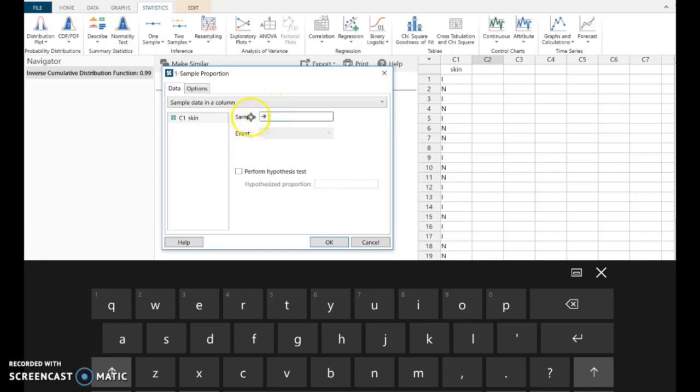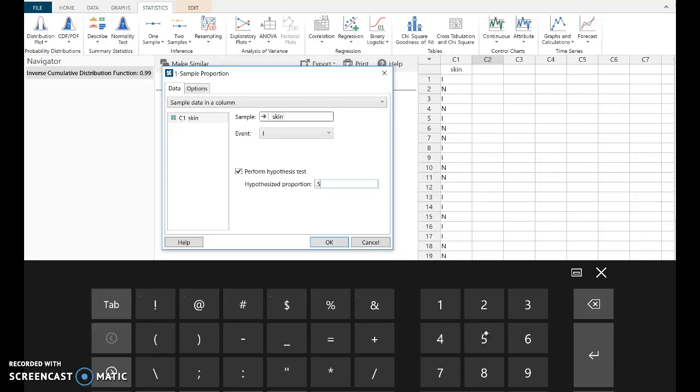And then, so it says sample. Where is your data, in other words? Well, it's in C1. I called it skin. So it's over here. So you just double click that thing and it chucks it right in there. Now it wants to know, what is the event you're interested in? Well, we're interested in improvement. I want to perform a hypothesis test. The hypothesized proportion, remember, that's my null hypothesis, that's H0, which is 0.5.